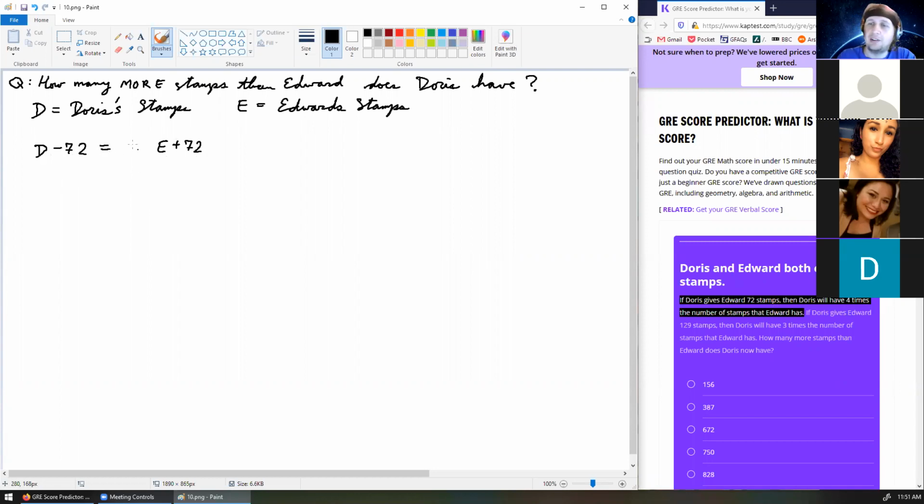So if we do this, and that would only be for D though, right? Well, this is the math way of writing what they just said. We're taking 72 of Doris's stamps and giving them to Edward, and if we do that, then Doris will have 4 times the number of stamps that Edward has.